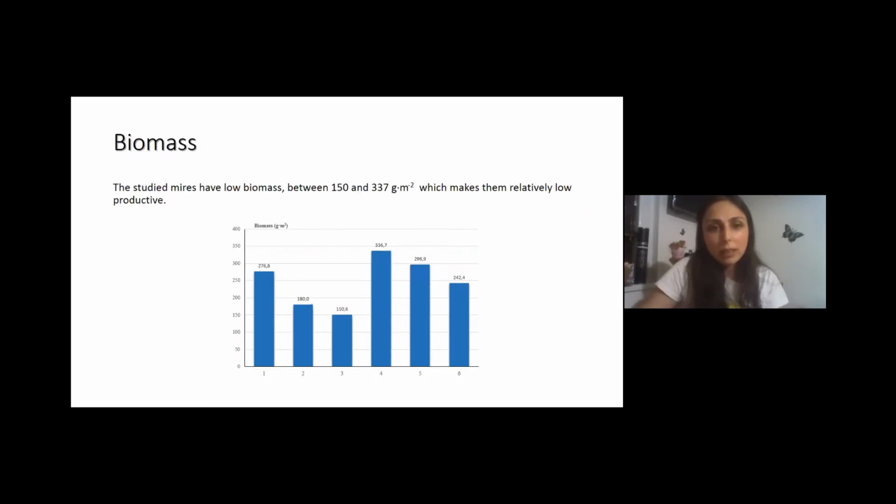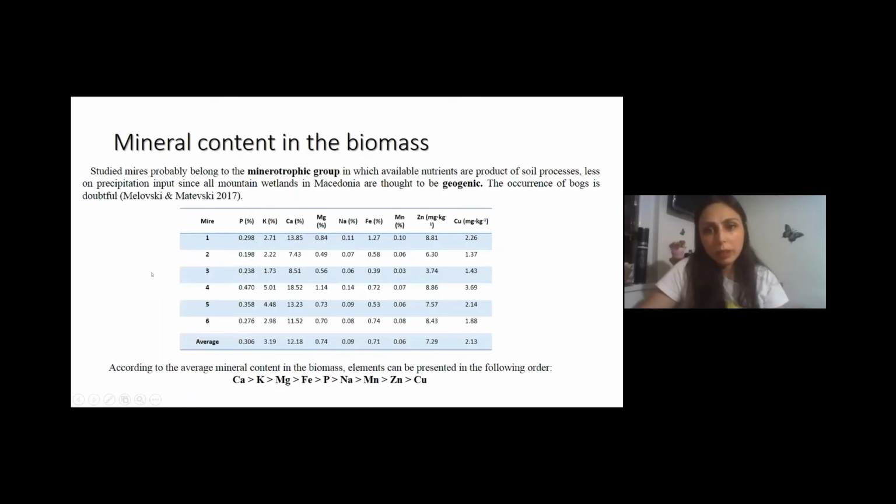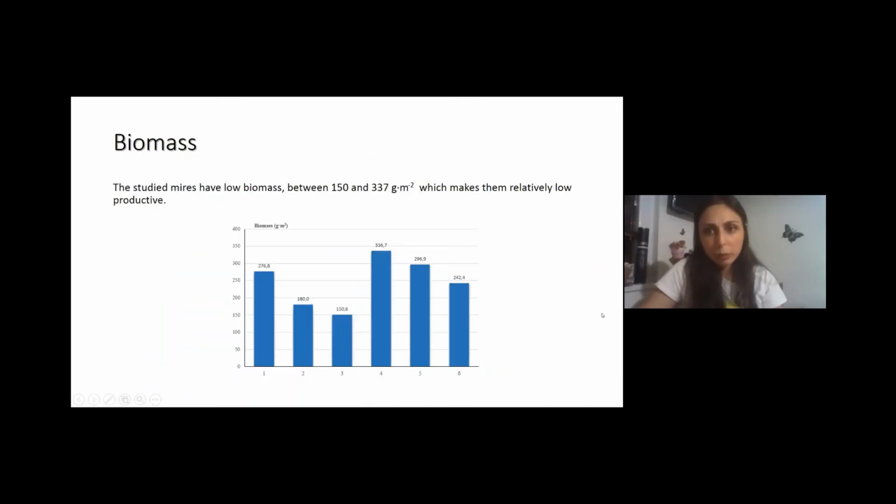Regarding the biomass, we used for the calculation the Shannon diversity index, and we calculated the diversity, which gave us information that these 6 plots are low productive.